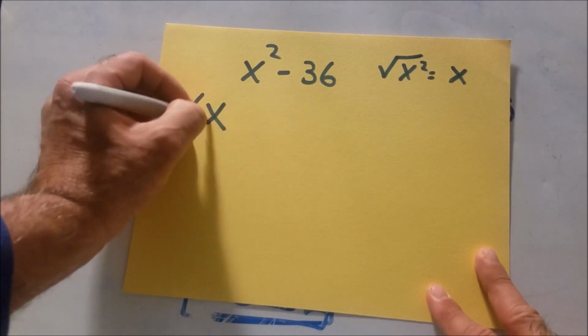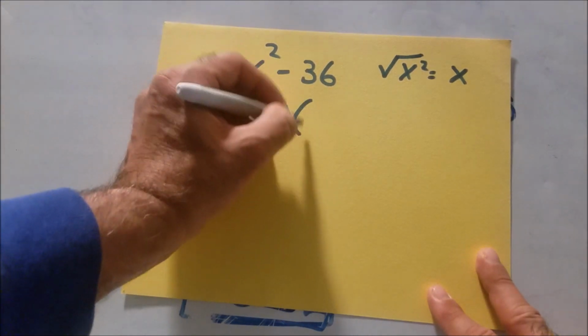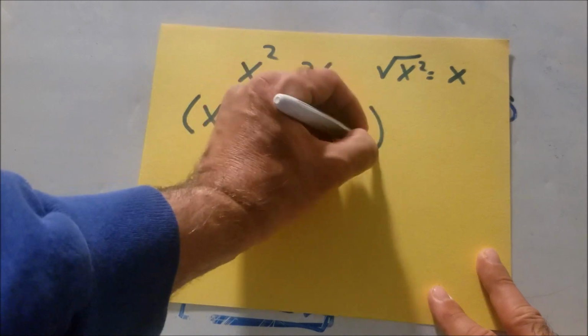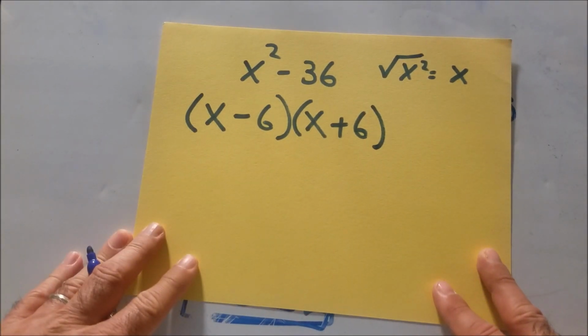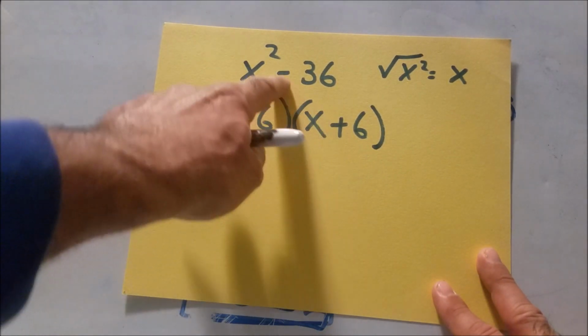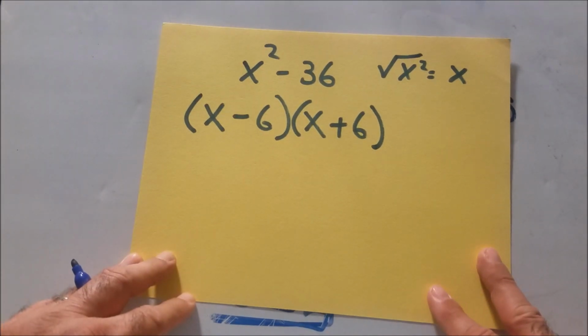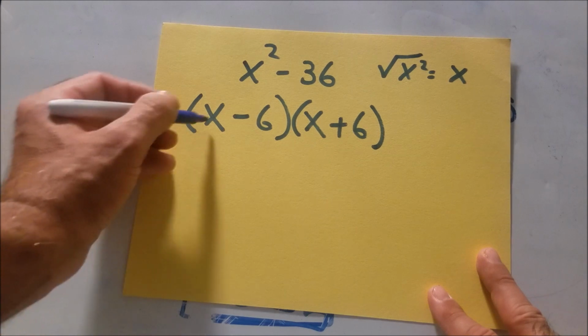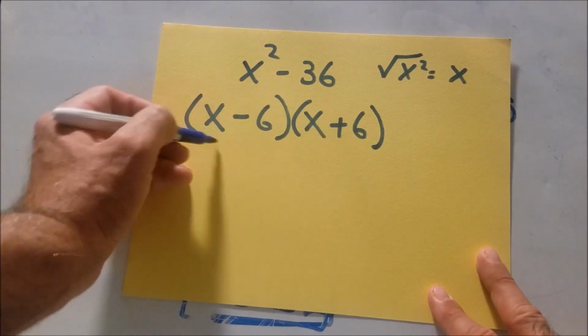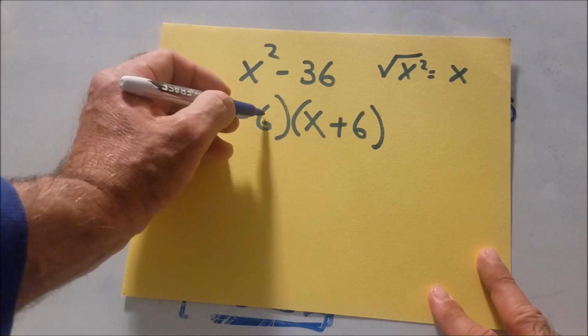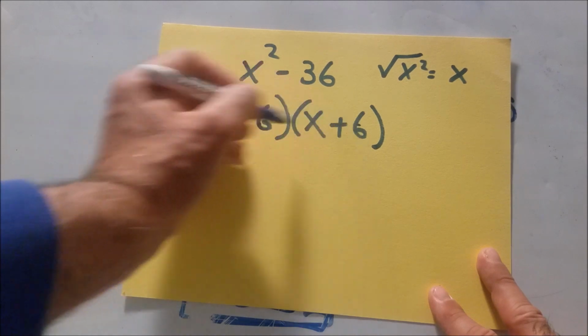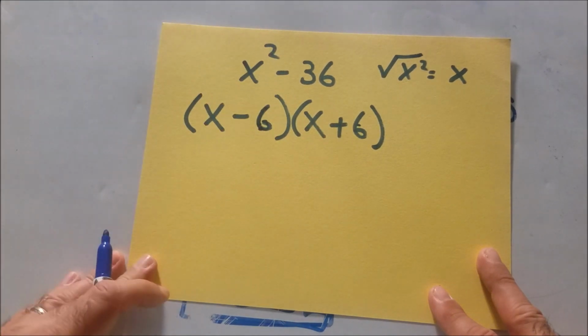So you'll know you'll always get an x minus 6 and an x plus 6. You'll always have a minus and a plus when you see the difference between two squares. And we'll do more of these in another video. But if you ever saw x minus 6, x plus 6, all you have to do is, what is 6 times 6? It's 36, and you put a subtraction sign.